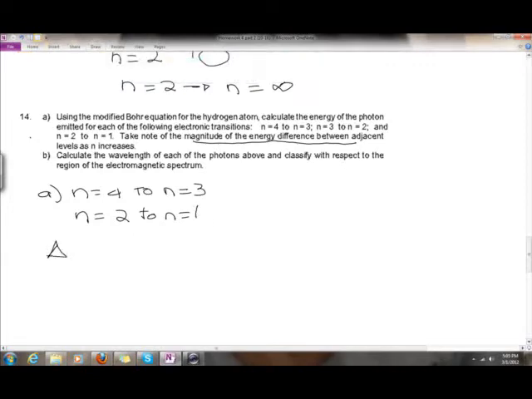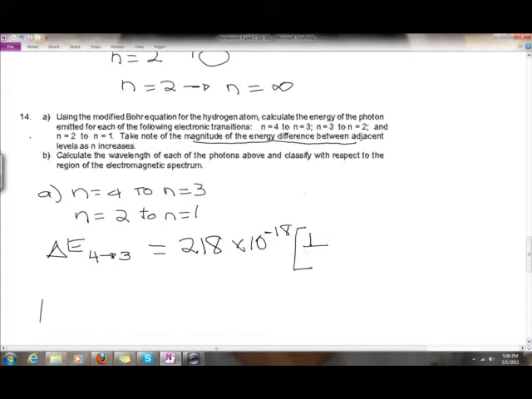So let's plug in the values of n in the modified Bohr equation for the hydrogen atom. For the difference in energy from the energy level 4 to 3, if you remember the equation, this is the constant, 2.18 times 10 to the minus 18, multiplied by 1 over initial minus final.